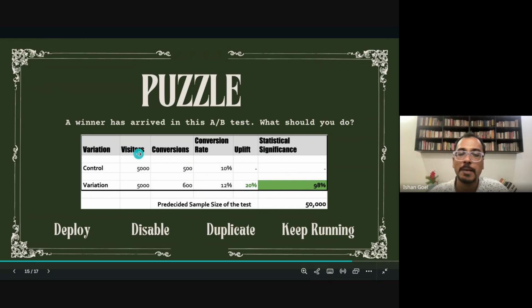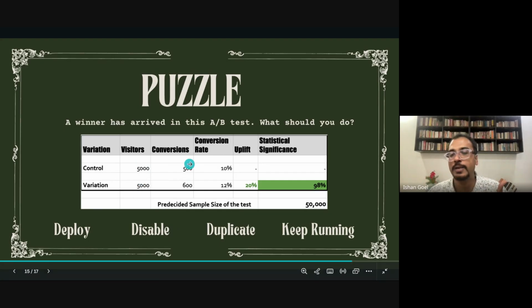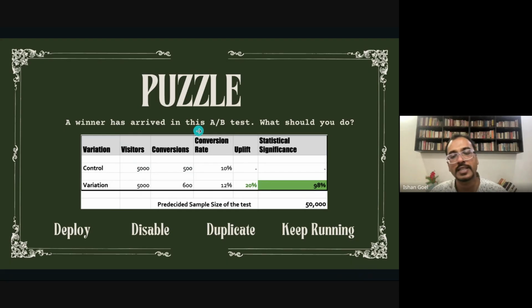The reason being that the number of visitors compared to the pre-decided sample size is very, very less. So it's a subjective call, depending on how surprising the result is and how your answers are for the other questions. If this is the only thing that is off, then you are still okay deploying. But if there are multiple things that are off, then you are better off keeping the test running. So yeah, that's question 1.